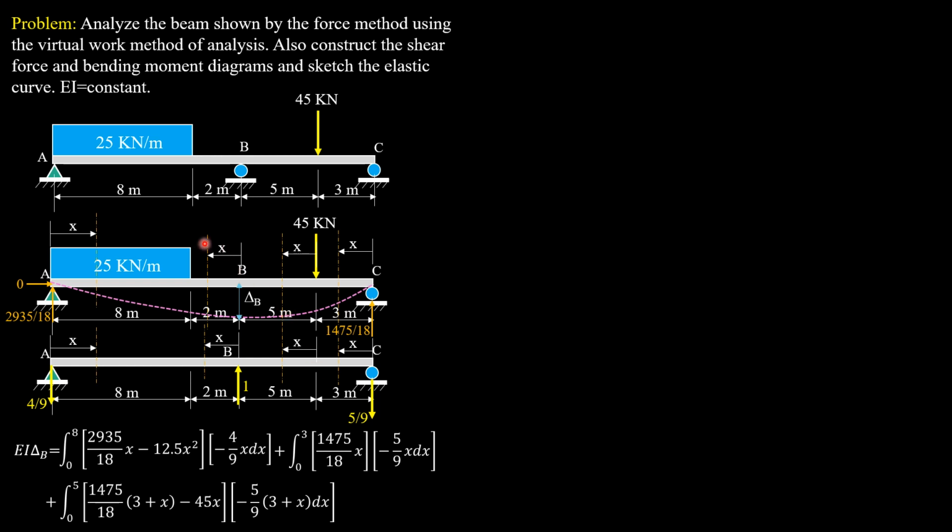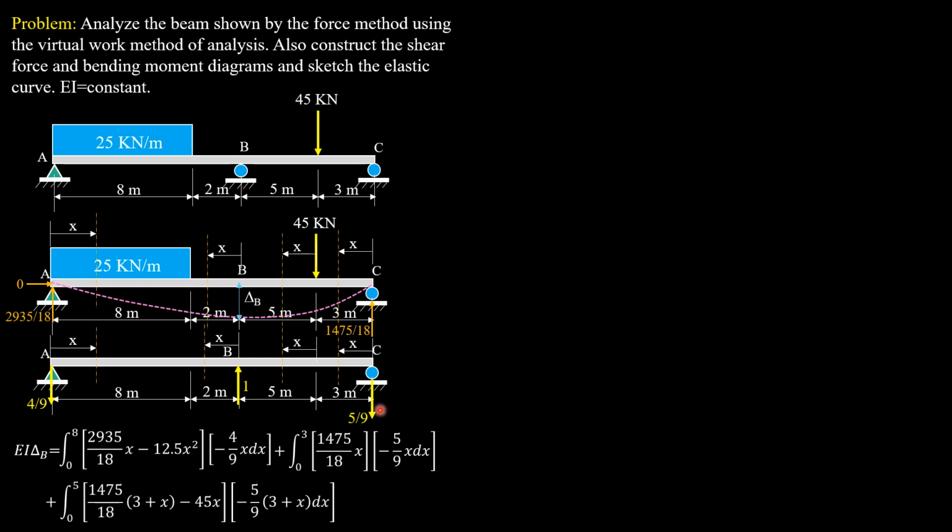And finally, for the last section, the integral from 0 to 2 of quantity 1475 over 18 times 8 plus x, minus 45 times 5 plus x.